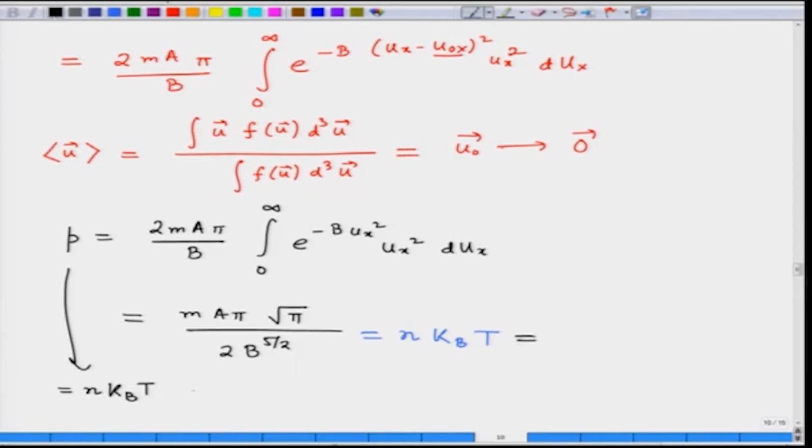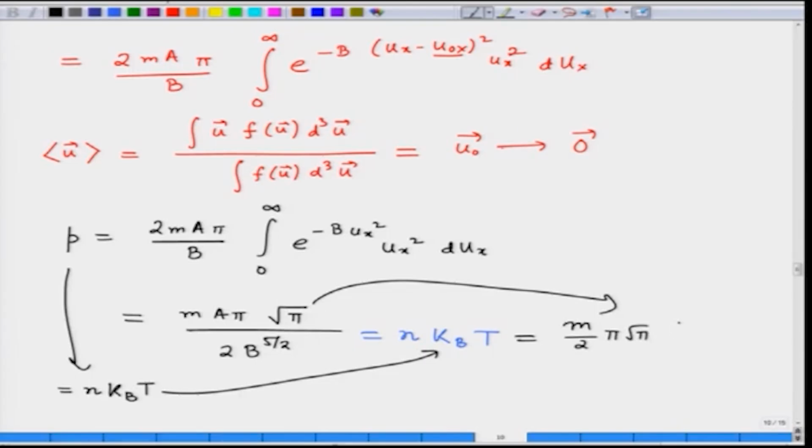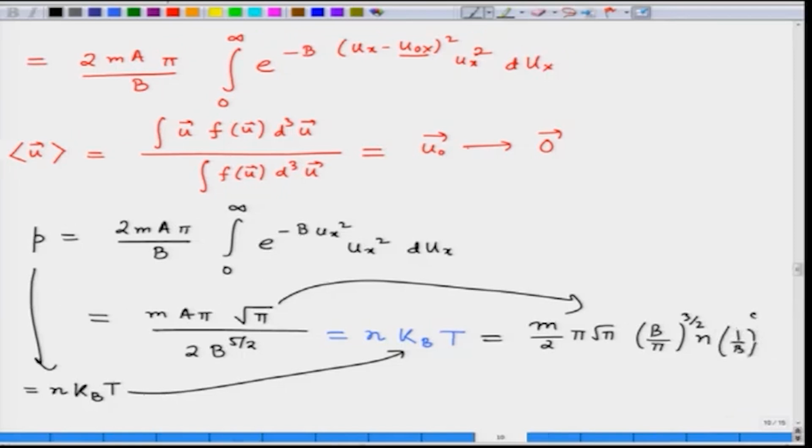That will be m by 2 pi root pi b by pi to the 3 by 2 n, that is A, times 1 by b to the 5 by 2. If you do this simplification, you can see you have a very elegant result. B is equal to m by 2 kBT.